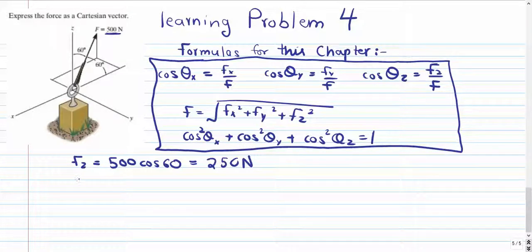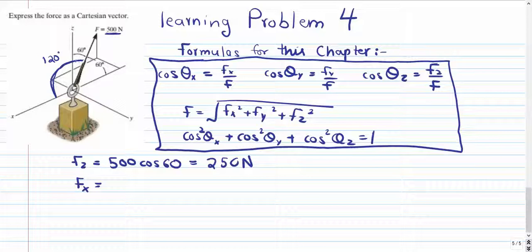Let's now look at the component along the x-axis. They have given us the angle between the vector and the negative direction of the x-axis, but from this we can find the other angle, that is 120 degrees between the force F and the positive x-axis, or we can just use this 60 degrees but add a negative sign by ourselves.